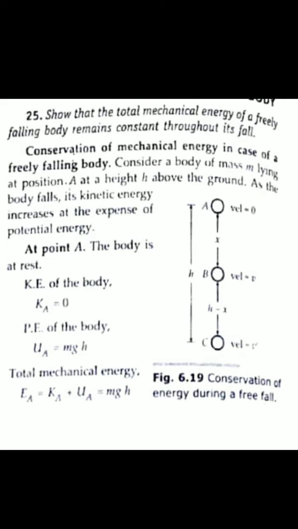At point A, the body is at rest. That means no motion is there, so kinetic energy is 0 and potential energy is maximum. The potential energy expression is U equals mgh. Here we denote them by K_A and U_A because at point A we calculate the potential and kinetic energy.